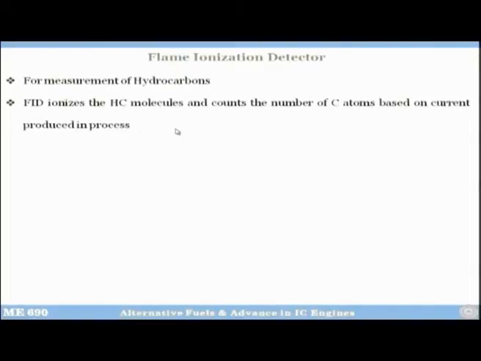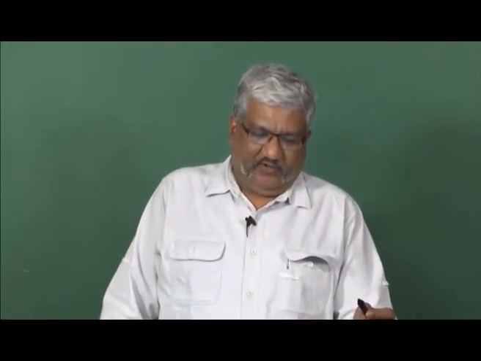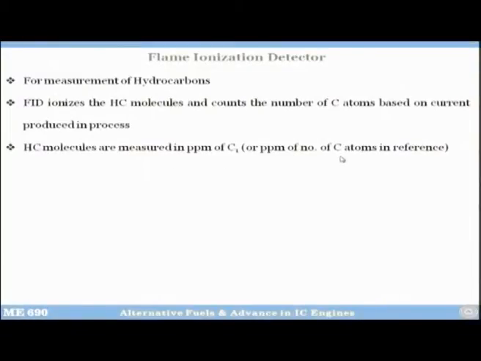That is how it is represented, because we are actually counting carbon atoms, C1 atoms, and then whatever you like to present, there are many options available. So, HC molecules are measured in ppm of C1 or ppm of the number of carbon atoms that are present.